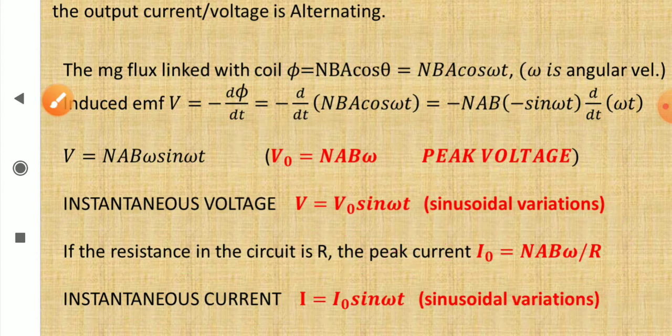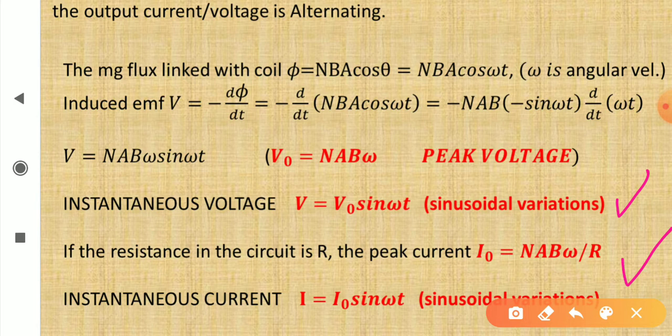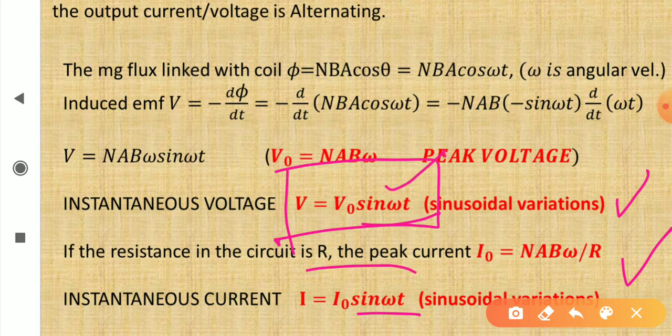So the variations of current and voltage both are sinusoidal. The general relation for instantaneous AC voltage is V naught sine omega t, and this is the equation of AC current, alternating current: I is equal to I naught sine omega t.